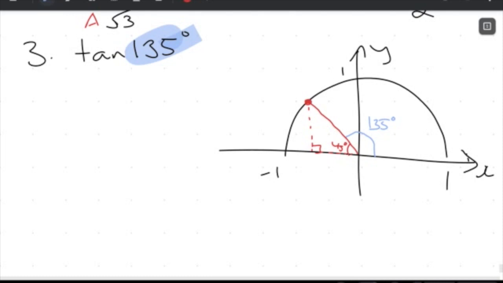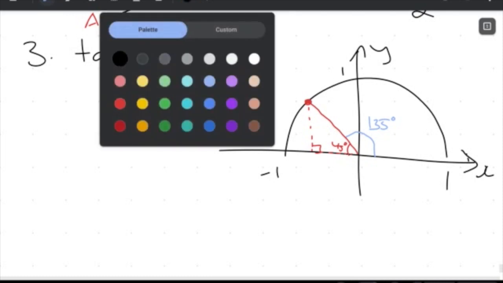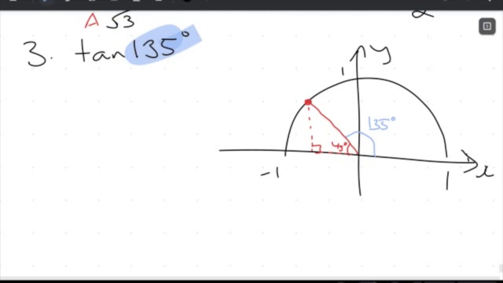And I can write out what I know about my trig identities. So negative tan of theta is going to equal tan of 180 minus theta.